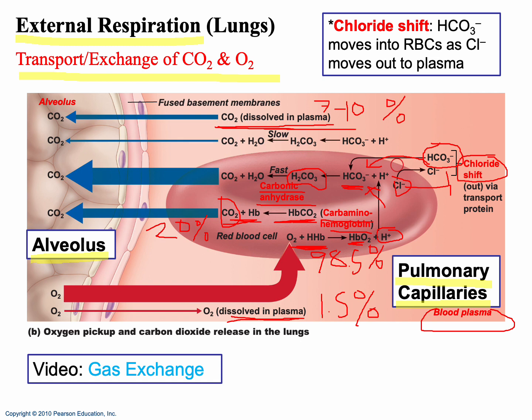This will help break down our weak acid into water and CO2. And then that CO2 can leave the red blood cell through simple diffusion and enter into the alveolus. This is the preferred route of CO2, being transported as the bicarbonate ion in plasma. 70% of carbon dioxide gas will use this transport method.